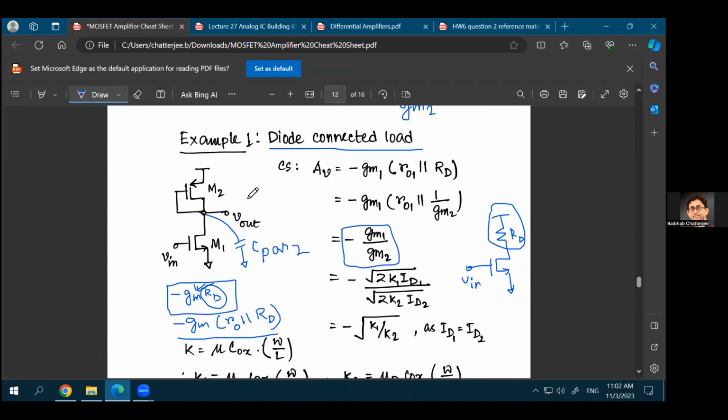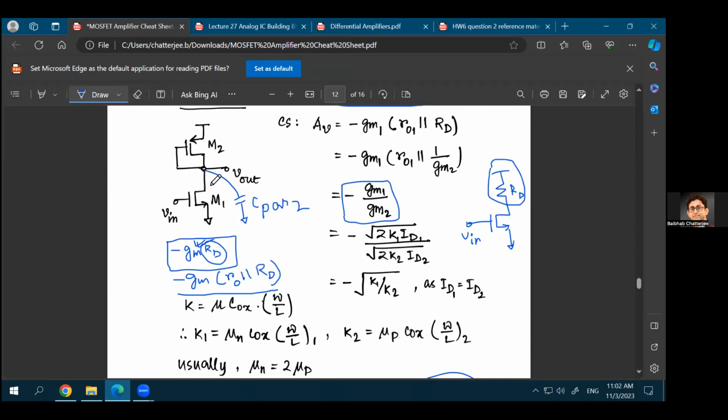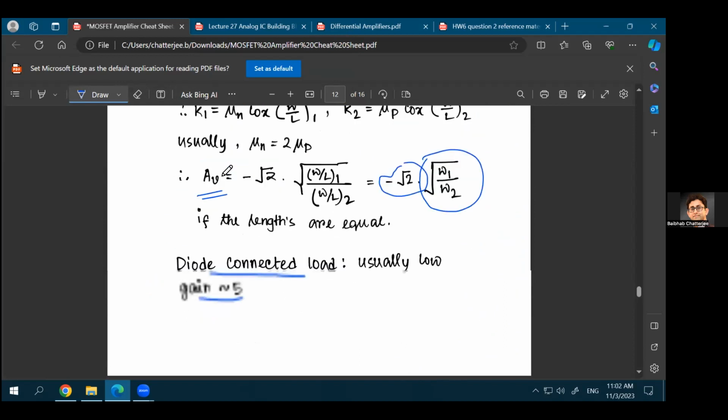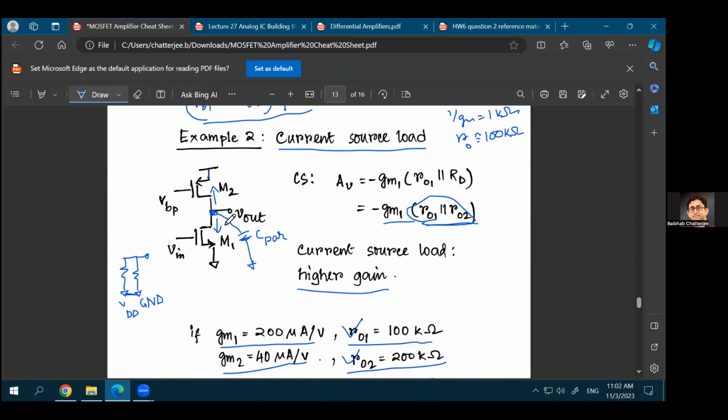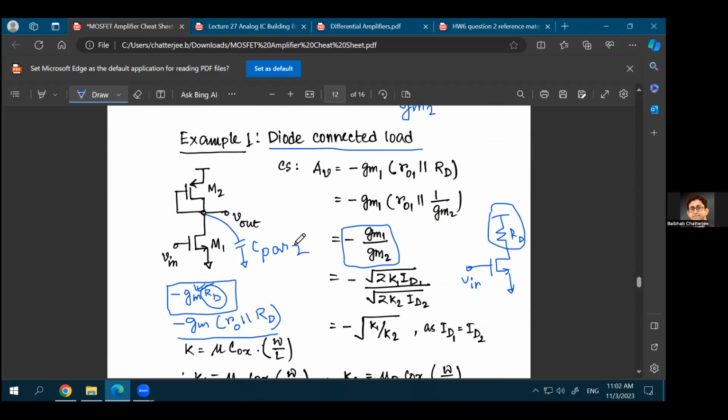But assume that the sizes are exactly the same. Let's say the size or aspect ratio of the M1 and M2 transistors in this circuit is the same as in the other circuit. Let's just assume that the W's are equal, the L's are equal, and everything is equal. Then the parasitic capacitance will be equal for both cases.